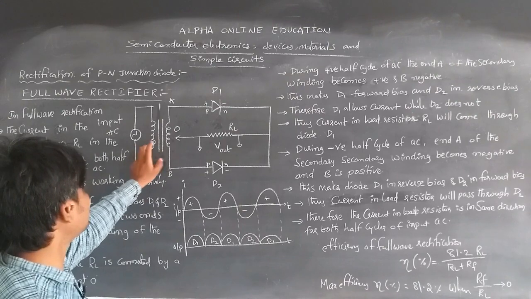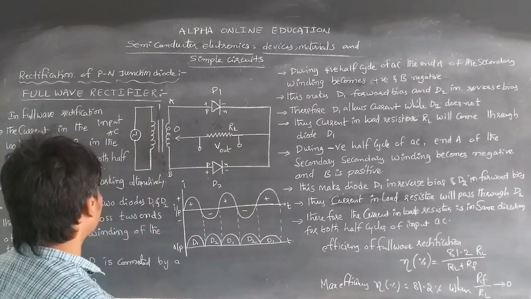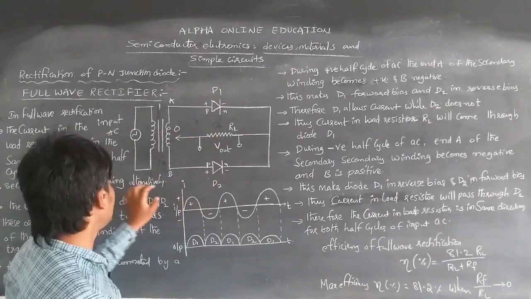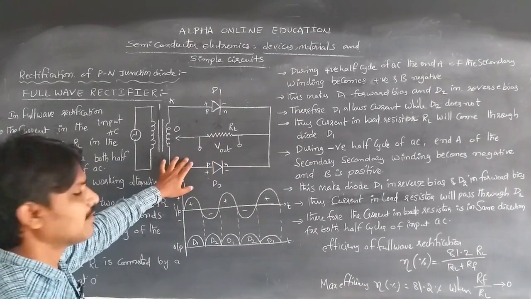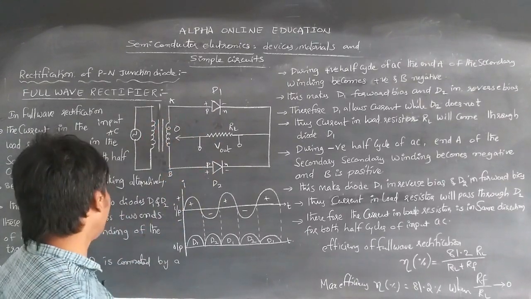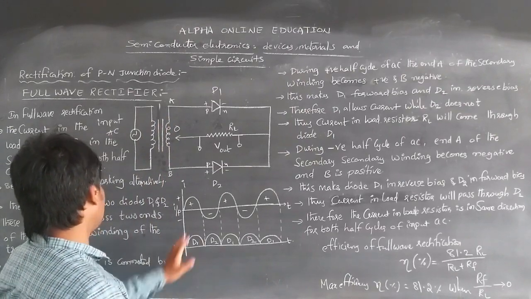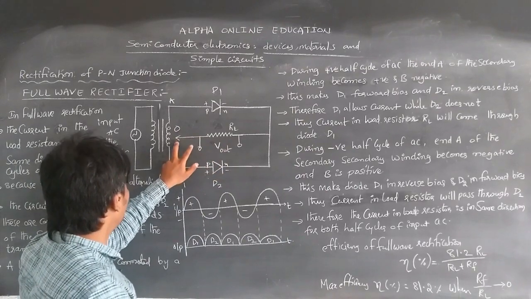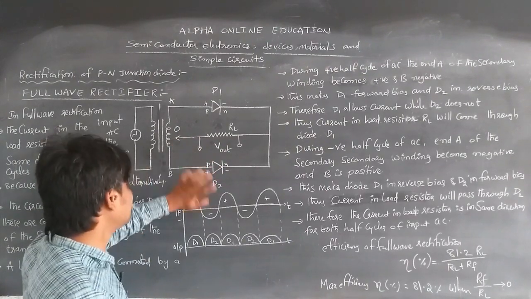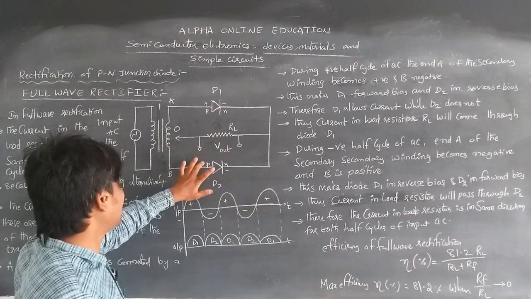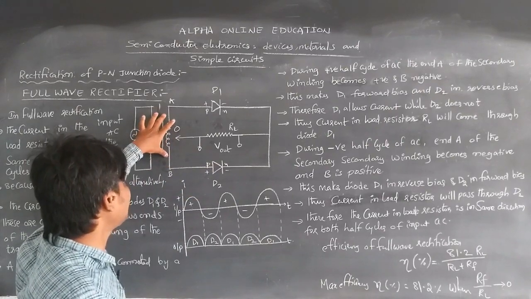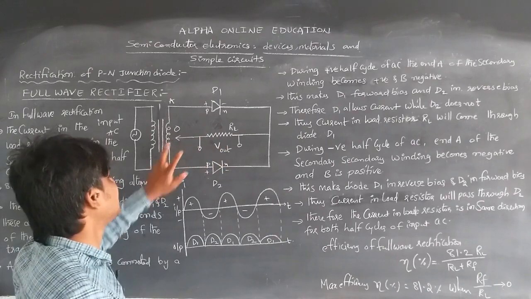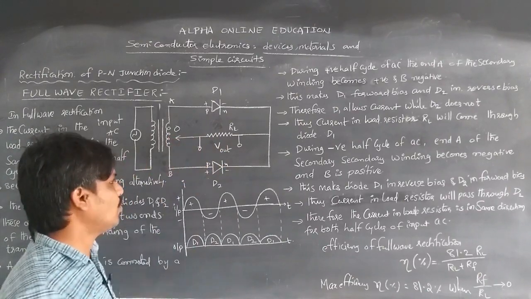This is the primary winding and this is the secondary winding. The load resistance is connected center tapped at point O.